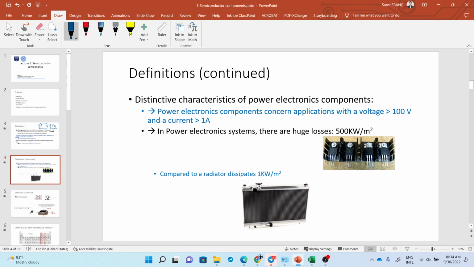For just 1 square meter, the losses can be up to 500 kilowatts. So for power electronic components like MOSFETs, in many cases you need a heat sink to help dissipate energy. Otherwise the temperature in the MOSFET increases too much and its properties can be lost.